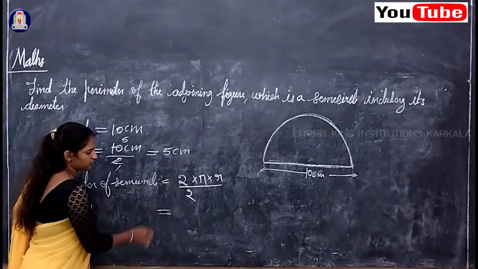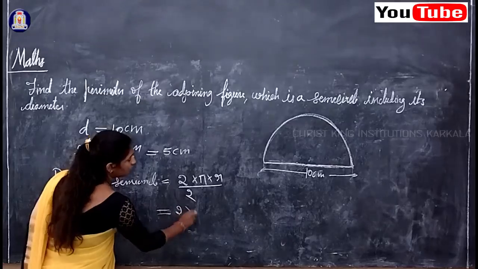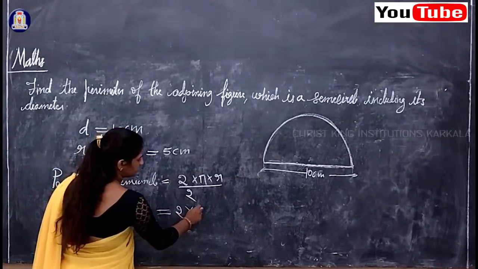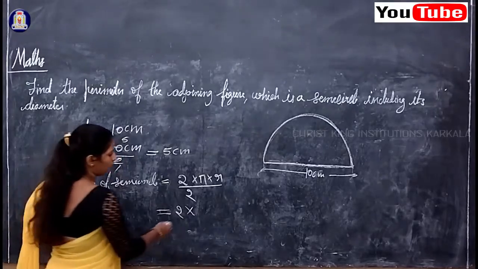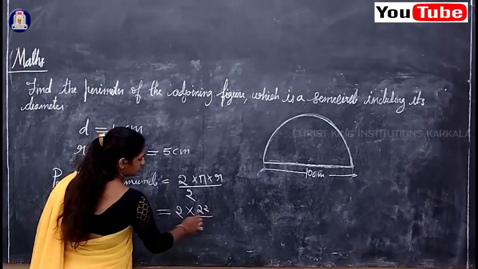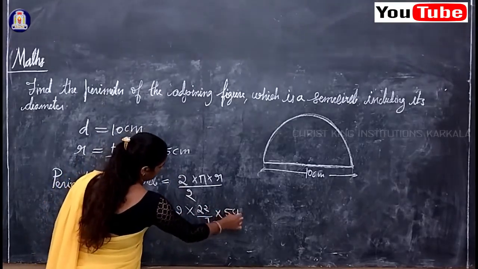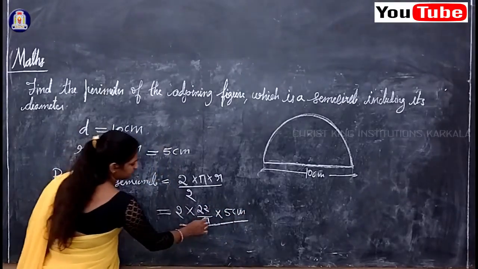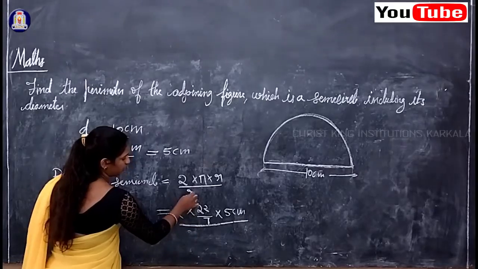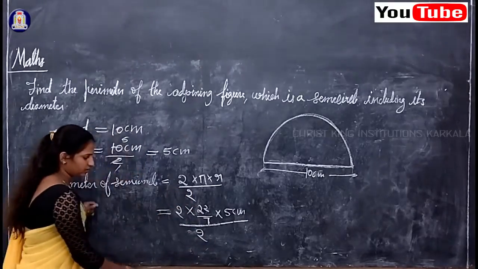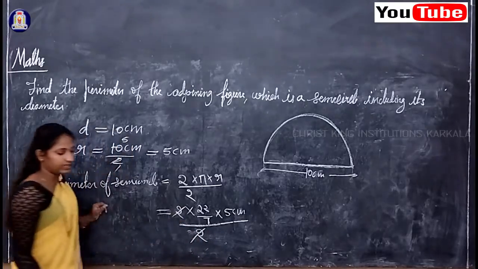So now you have to substitute the values. 2 into pi, value is not given. So you can write it as 3.14, or else you can write 22 by 7, into radius, we know 5 centimeter. Clear? So divided by 2. If you want, you can cancel directly in the next step. 2 ones are cancel.